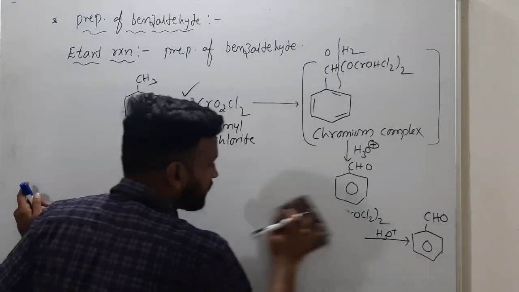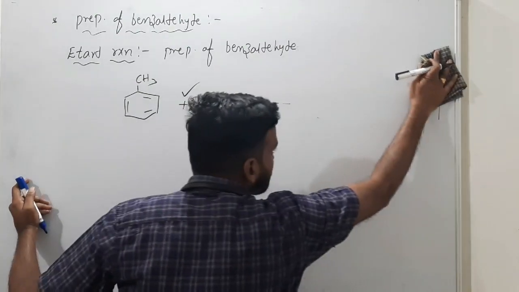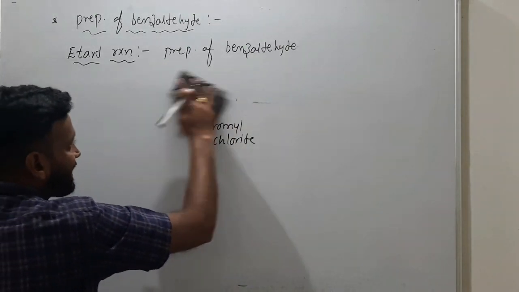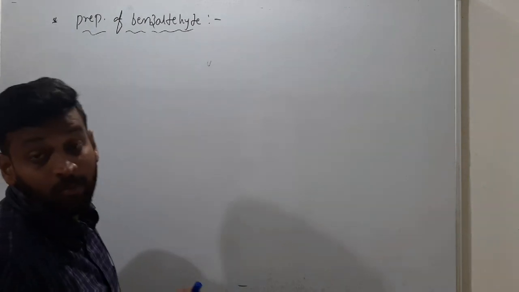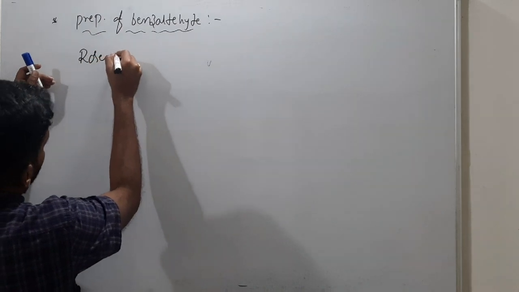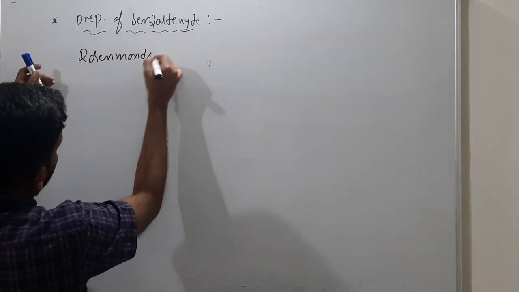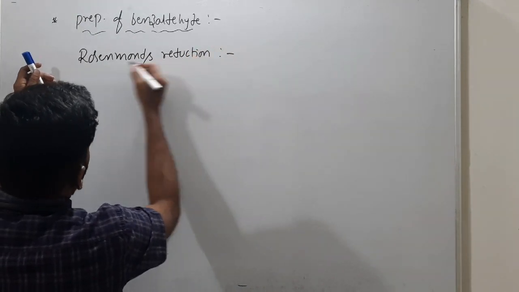Now we will discuss the Rosenmund reduction, which we discussed already. What is the reagent used? Lindlar catalyst. Do you remember the Lindlar catalyst? Palladium BaSO4 with H2.